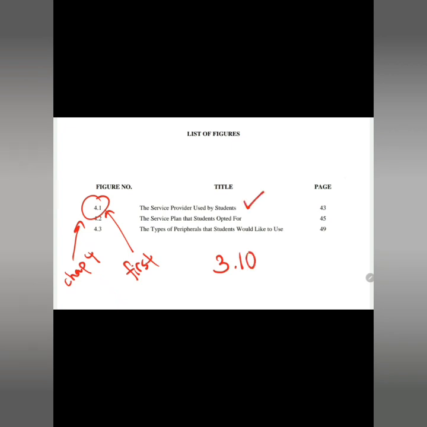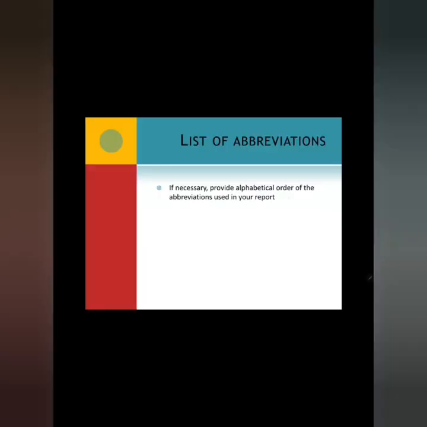So this is the title and then the page. Same goes if you have tables. If you have tables, it will be list of tables. This one will turn into table number, but the rest remain the same. So for table, it will restart. For example, if the table is in chapter 4 and the first table, 4.1. That is how you write. Right. Let's continue with the next part.